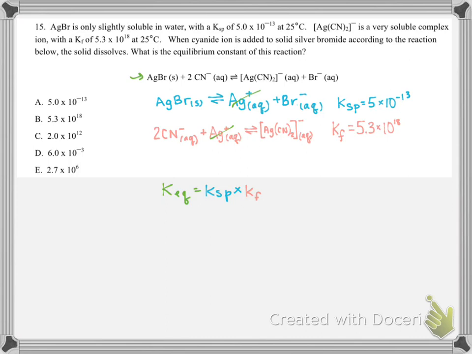So we'll just do 5 times 10 to the negative 13 times 5.3 times 10 to the 18th, and we get a KEQ equal to 2.65 times 10 to the power of 6, which is answer choice E.